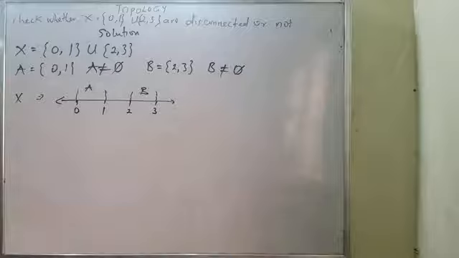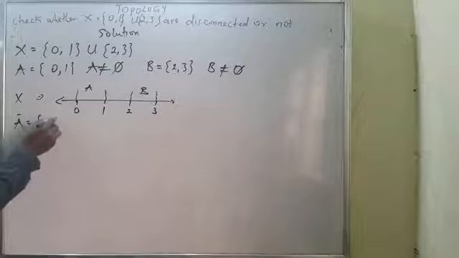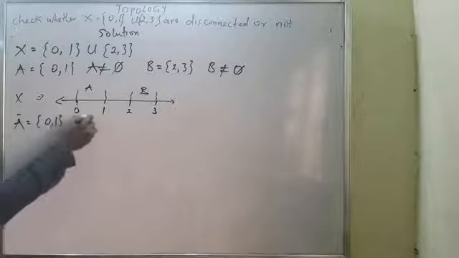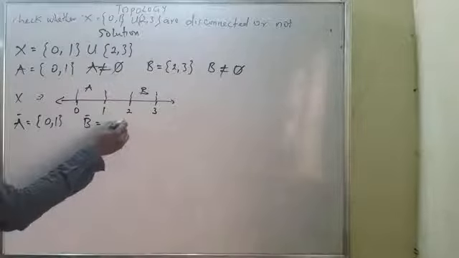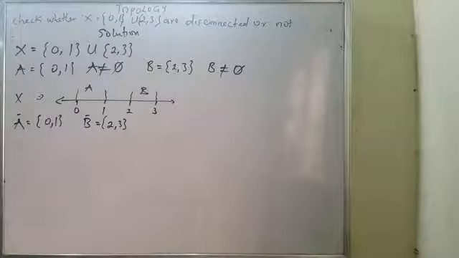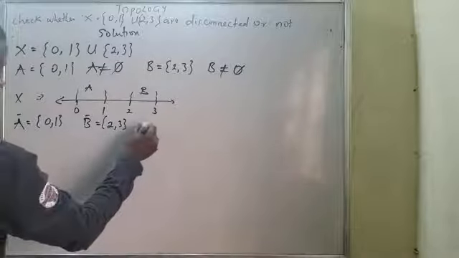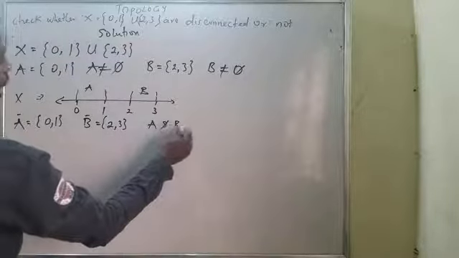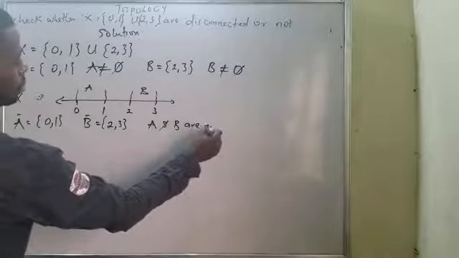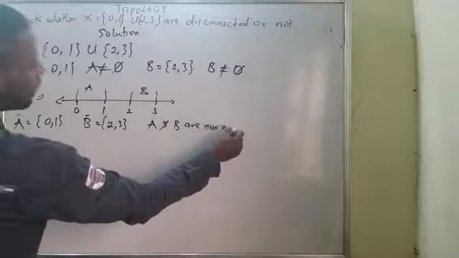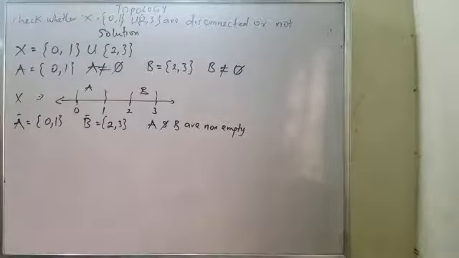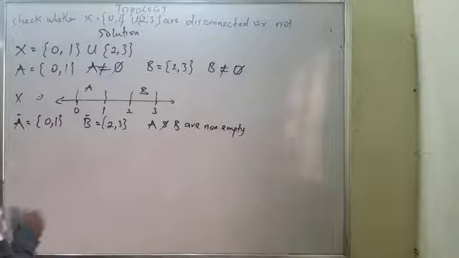Since my A is given and my B is given, I can move on to the closure of A, which is 0 to 1, and the closure of B is also 2 to 3. Both A and B are non-empty, they are not empty.